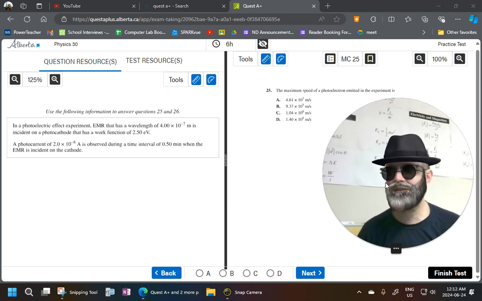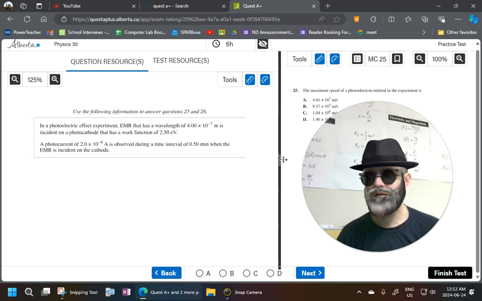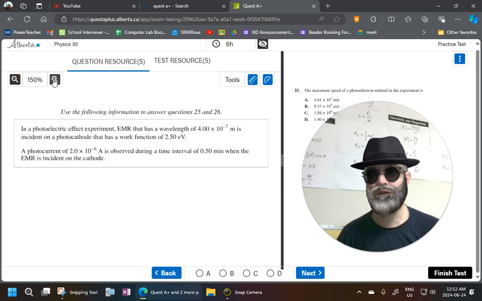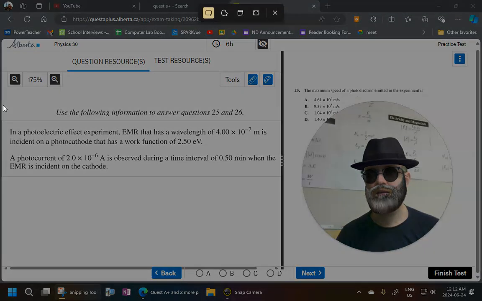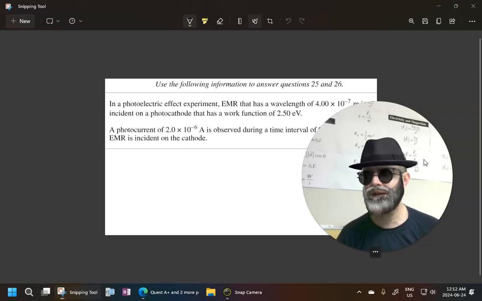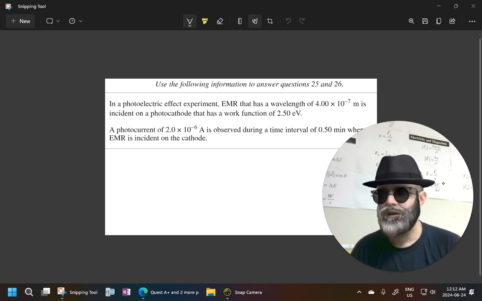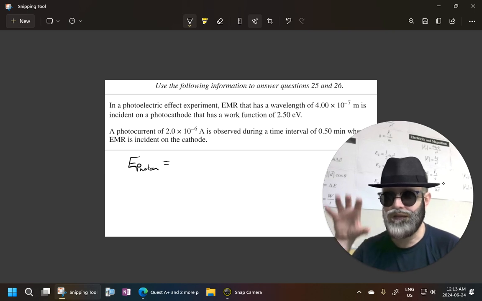So we want the maximum speed. Remember, this is going to use the formula that we don't have, so let me just write it out for you. We have to use it for the next 2 questions. The photon energy has got to go somewhere. This is my photon energy. It goes into the material.